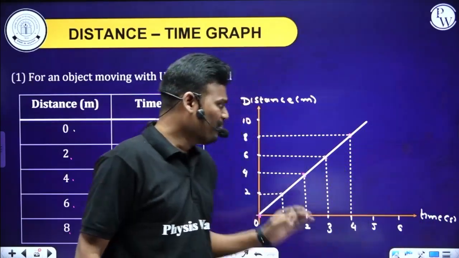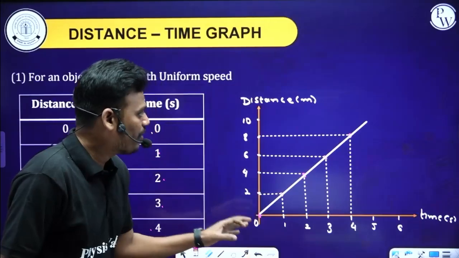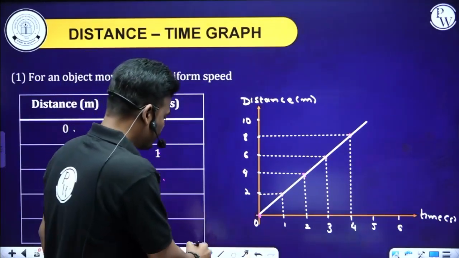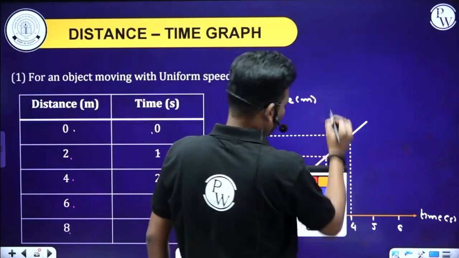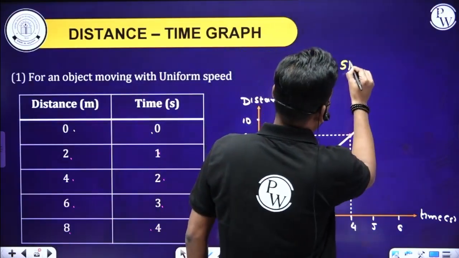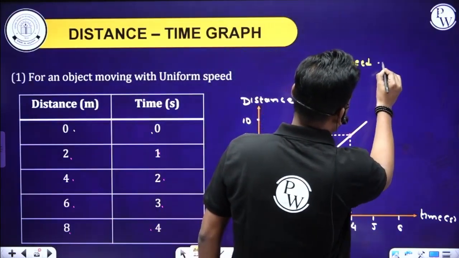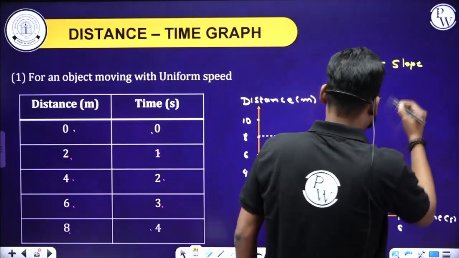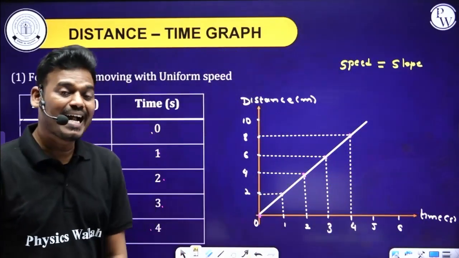From this graph, we can calculate the speed of the body. How, sir? The speed of the body can be calculated by using the slope of this graph. What is a slope?